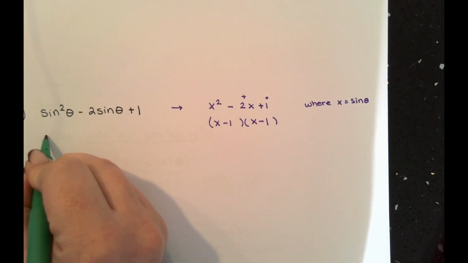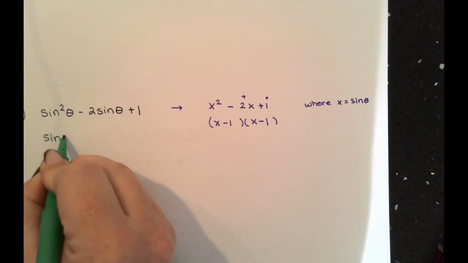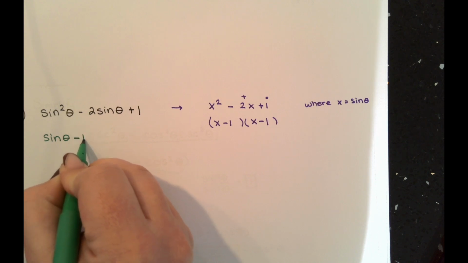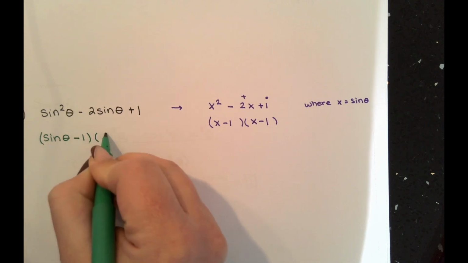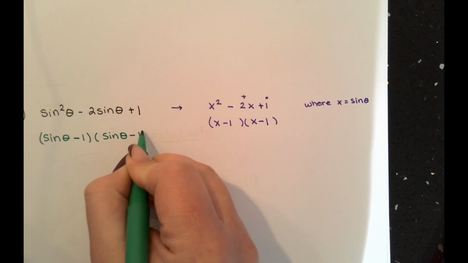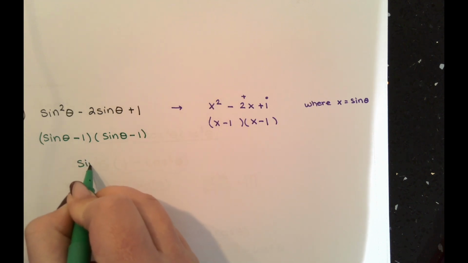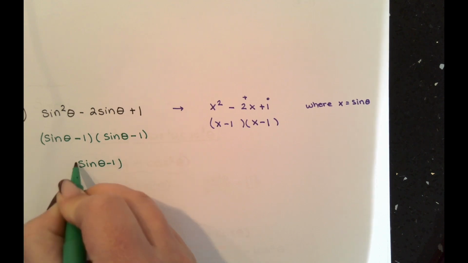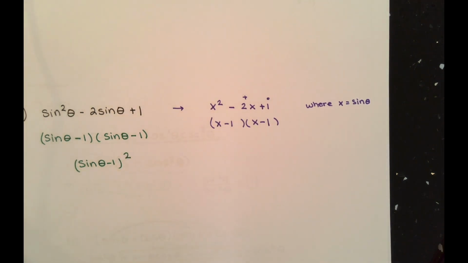So we would then say sine of theta minus 1, sine of theta minus 1. So that means we have sine of theta minus 1 squared.